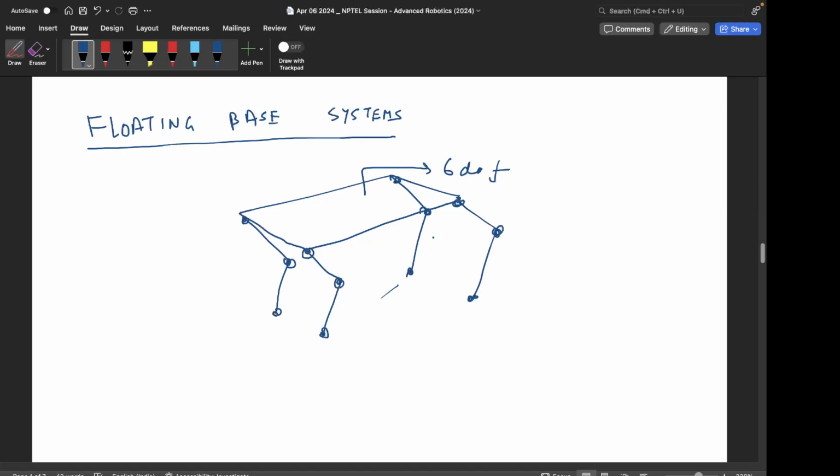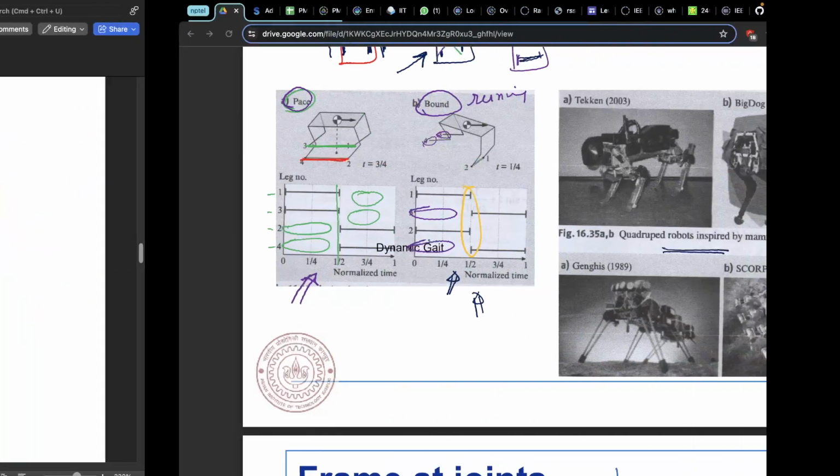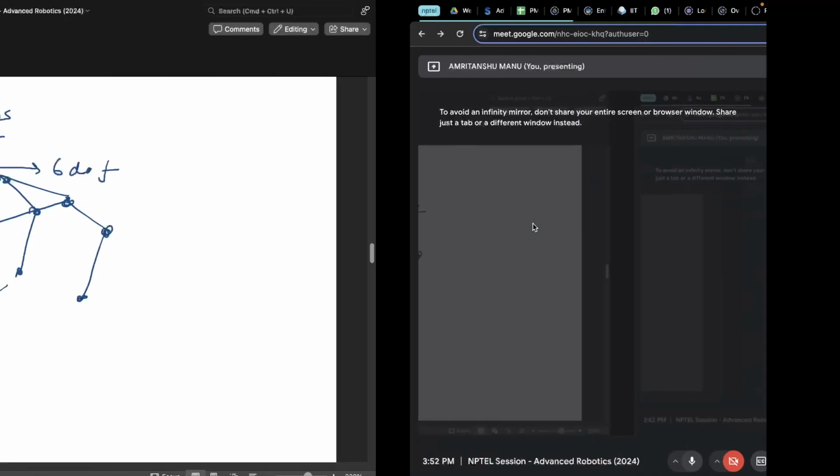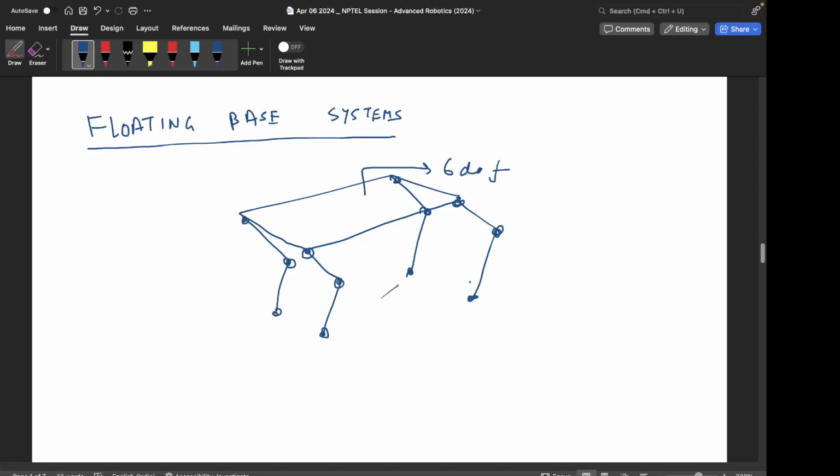If you want to tilt your base, you extend the legs on one side and retract the legs on the other side. In order to pitch your base, any orientation or position change that you want for the base, you need to do using the legs. So the base is not actuated directly, that's why it's called a floating base system.